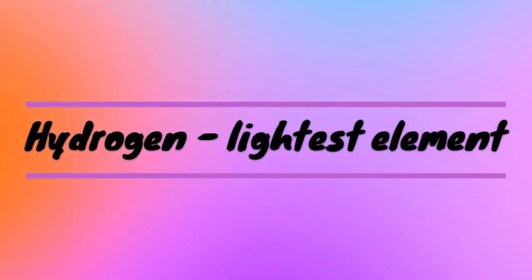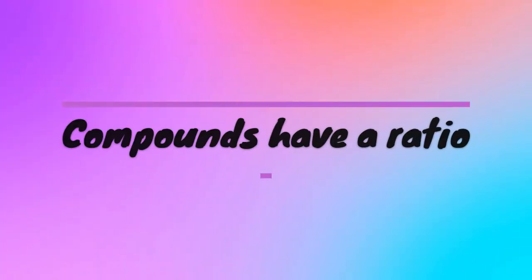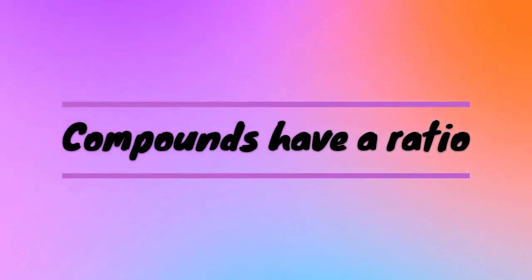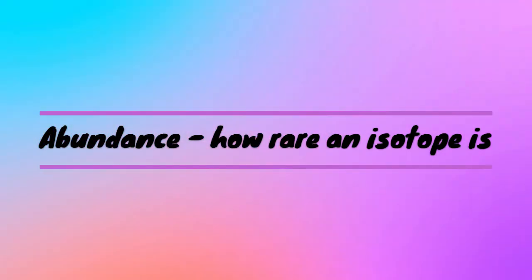Hydrogen is the lightest element, okay? They sometimes ask that in 1 markers, and compounds have a fixed composition. That means the ratio of elements present is always the same in any particular compound. Now, I'm going to pop this in here. This is an equation that you do need to learn for abundance.